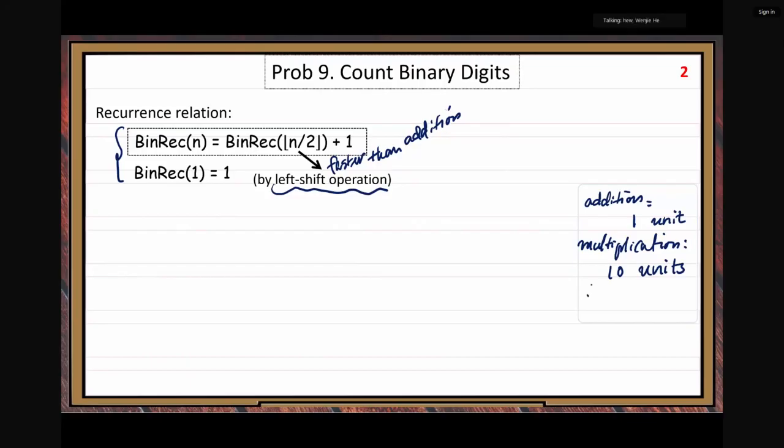Division, 40 units. That's slow, much slower than multiplication.